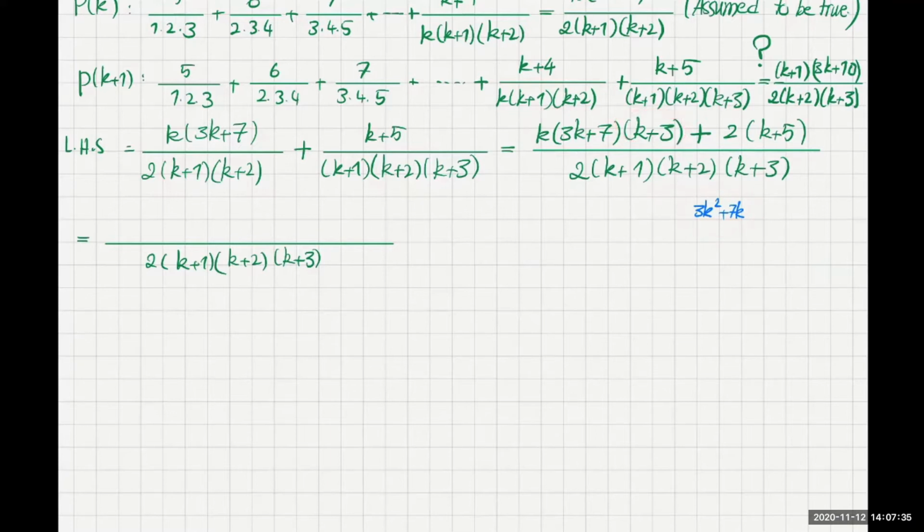So 3k squared by k becomes 3k cubed, and 3k squared by 3 becomes 9k squared. Then 7k by k becomes 7k squared, and 7k by 3 becomes 21k. And then here I multiply these 2 inside as well, so it becomes 2k plus 10.